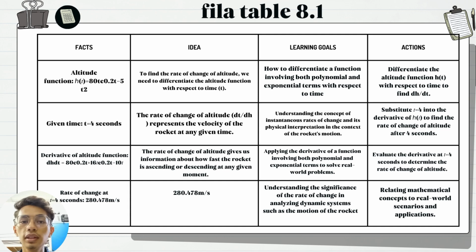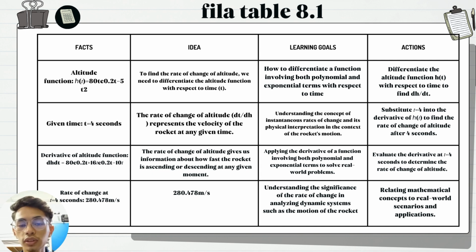Next, for the third set of answers, the fact is the derivative of the altitude function, which is dh over dt equals 80 e to the power of 0.2t plus 16t e to the power of 0.2t minus 10t. From that, the idea we can think about is the rate of change of altitude gives us information about how fast the rocket is ascending or descending at any given moment.